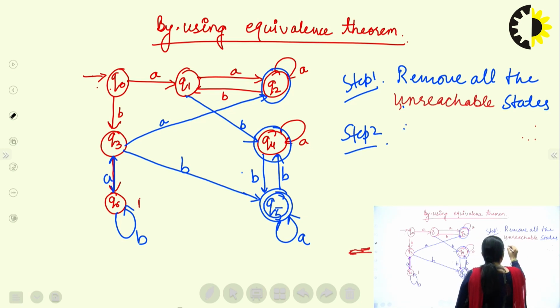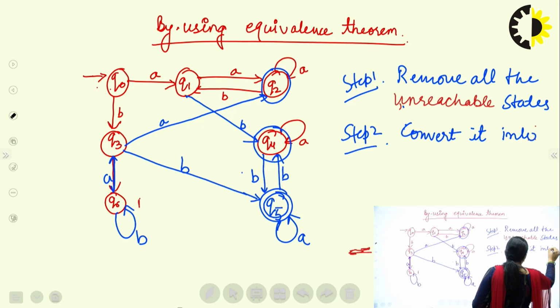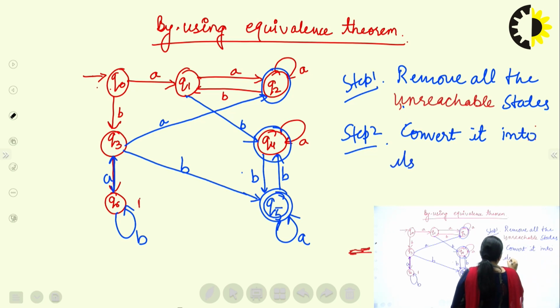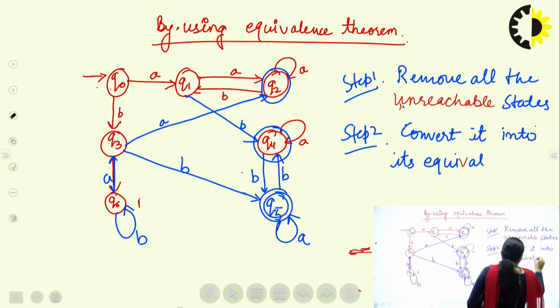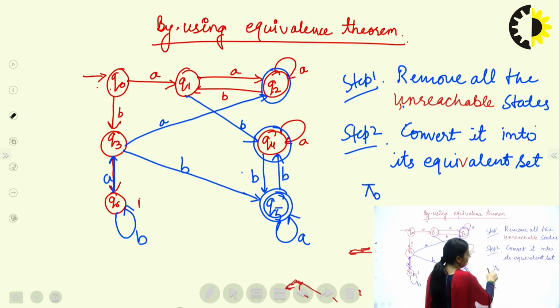The first, let us call it phi 0. This represents the first partition.